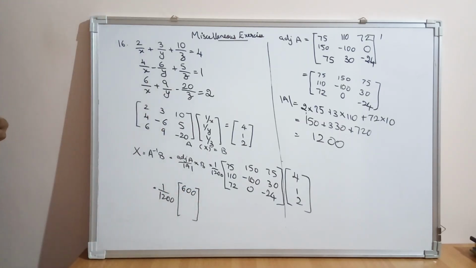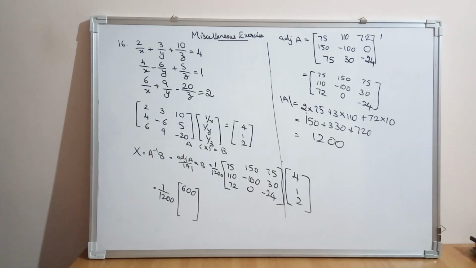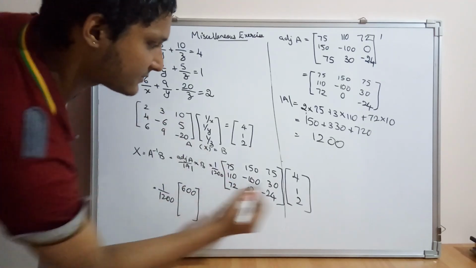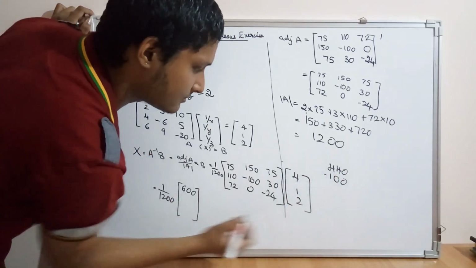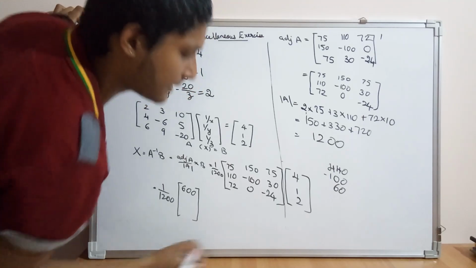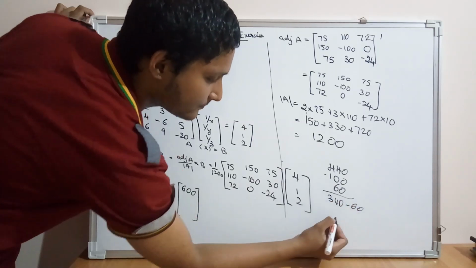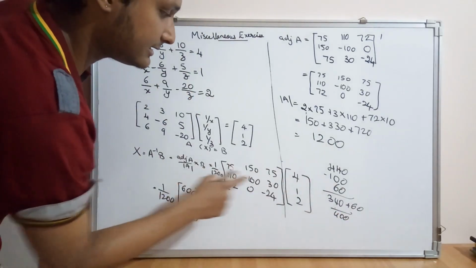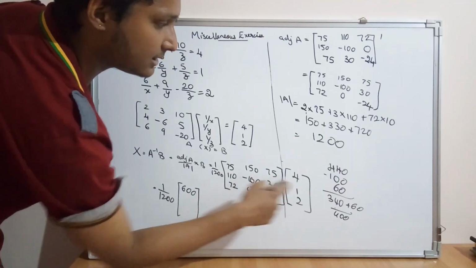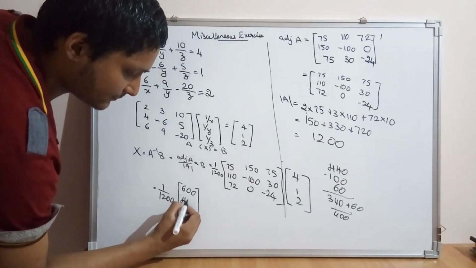Now the next part. 110 into 4 is 440, minus 1 into 100, that is minus 100, plus 30 into 6, that is 60. Minus 100 it becomes 340, right? 340 plus 60, that is going to be 400. So I'm going to get 400 here.